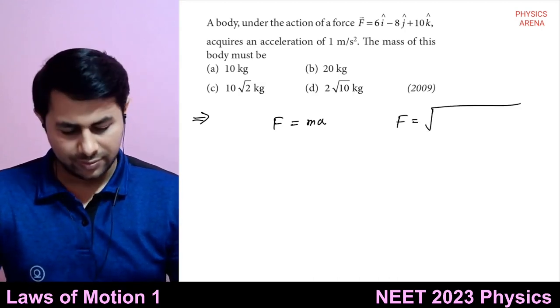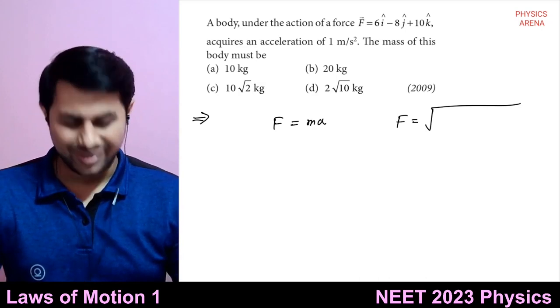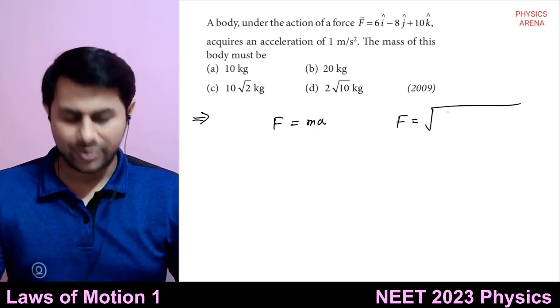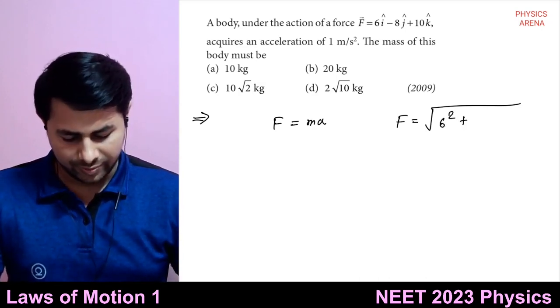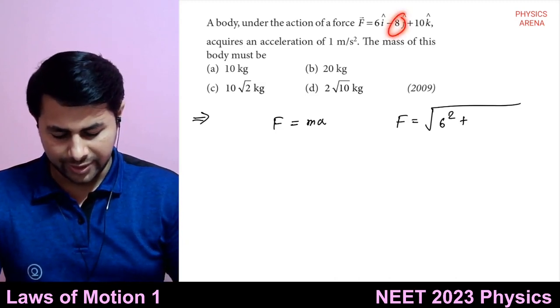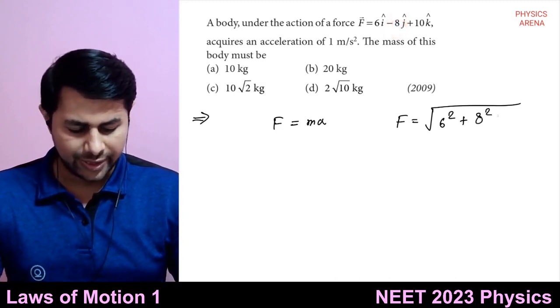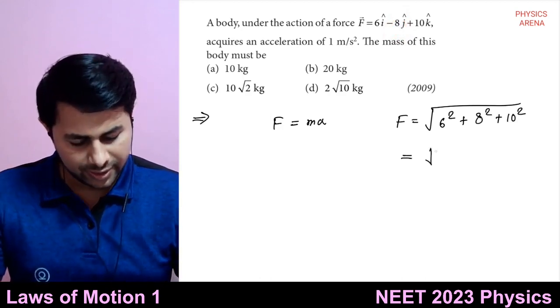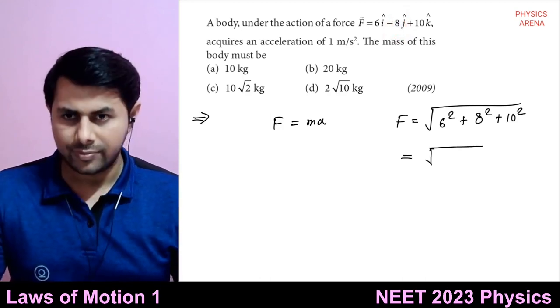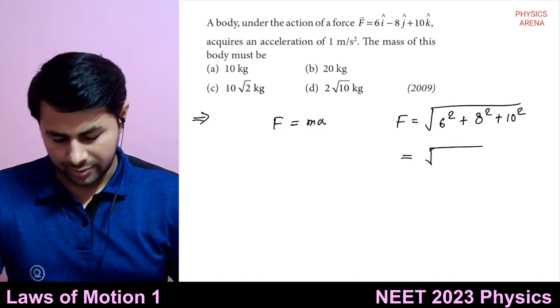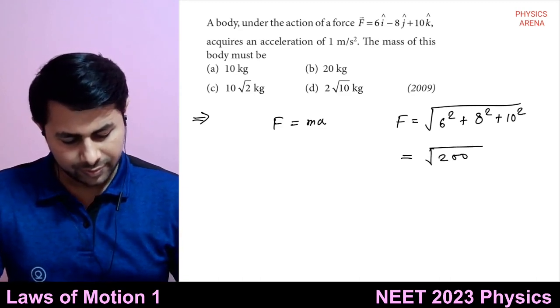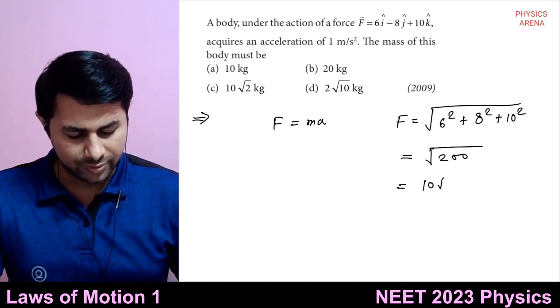10 root 2. Okay, you calculated, good. So this is equal to square root of 6 square plus minus 8 square, or 8 square plus 10 square. So how much is this? This is equal to square root of 200, and this is equal to 10 root 2.